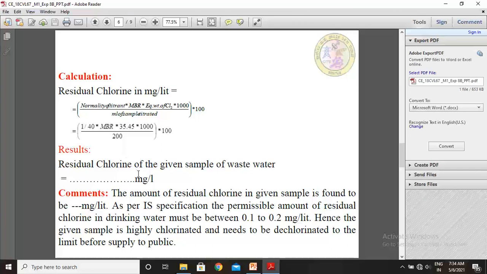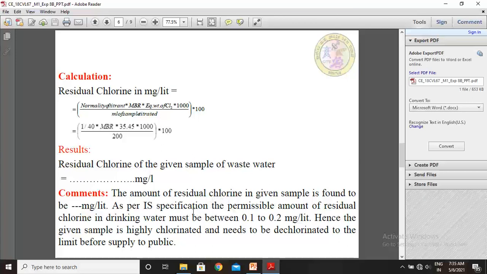Results. Residual chlorine of the given sample of wastewater is ___ in milligram per liter. See comments. The amount of residual chlorine in the given sample is found to be ___ milligram per liter.